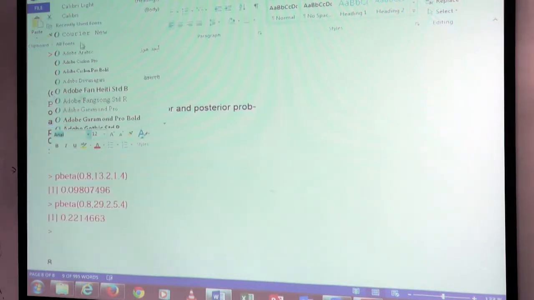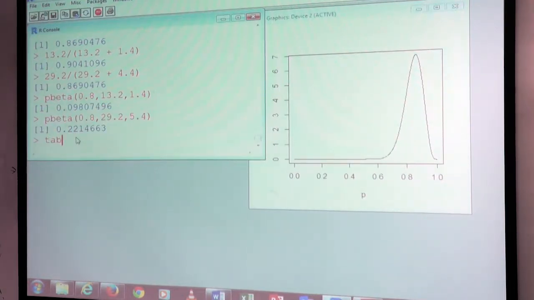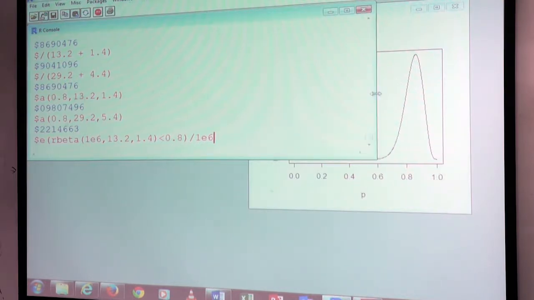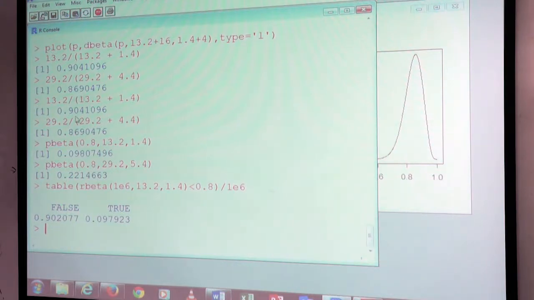Red, Courier, done. How can I check that? Direct numerical sampling. That's not very good, is it?